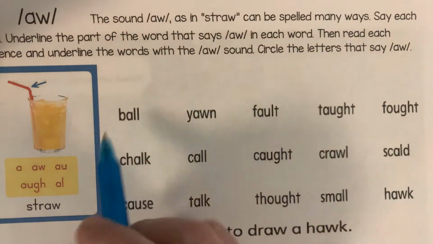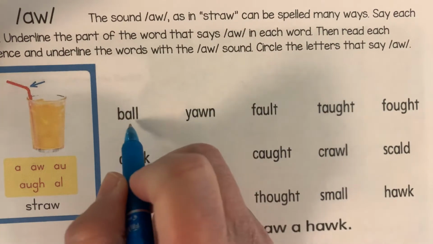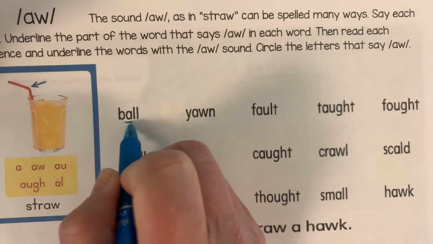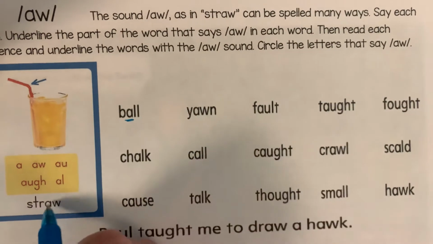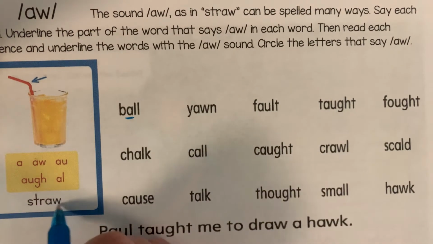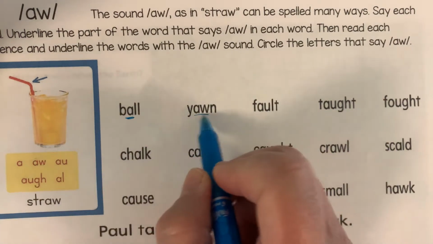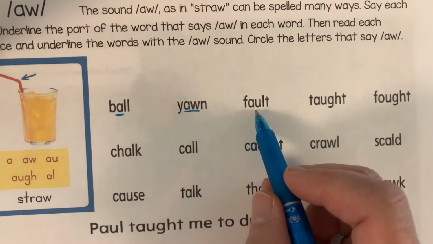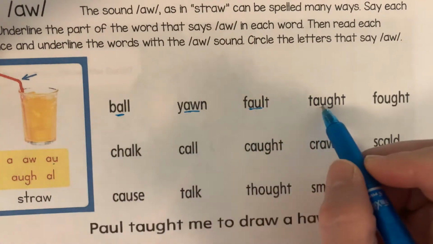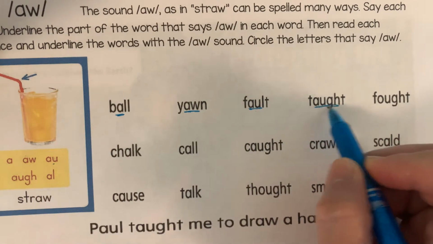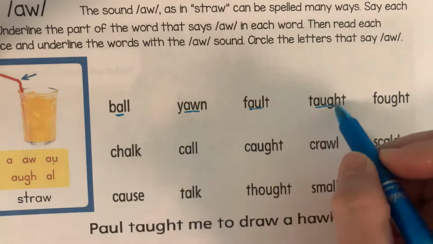All right, so ball. So the A is saying ah. Yawn, just like in straw over here, it's AW that's saying ah. Fault, AU is saying ah. Taught, it's the AUGH all together.